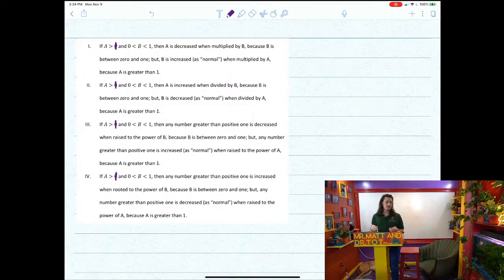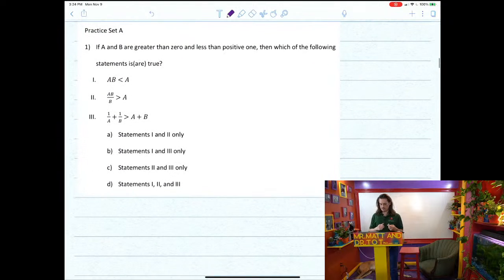When you divide by a number between 0 and 1, it goes up. I don't want to belabor the point, so let's go ahead and look at a few problems, since going through examples is always the best explanation.